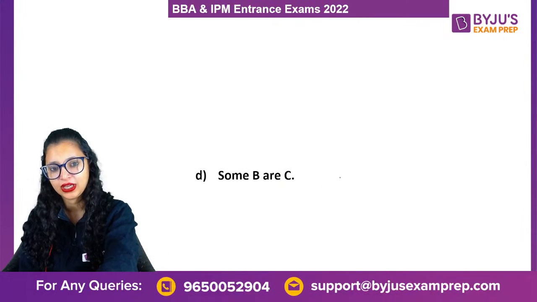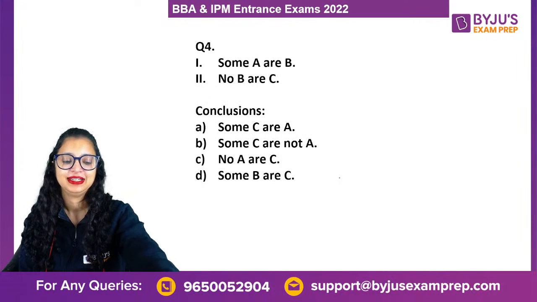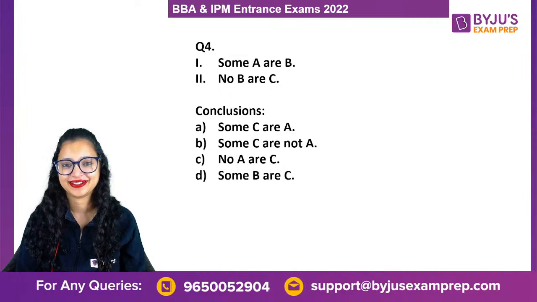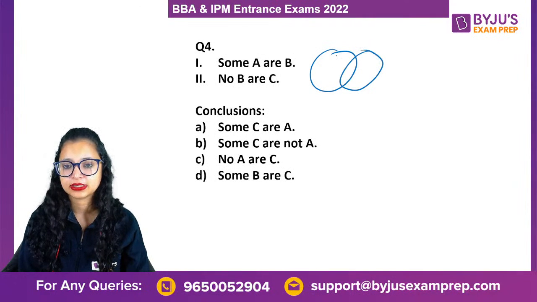And then we come to the last question of the class. Combine this and send me your answers. When we have some A or B, we'll make something like this.